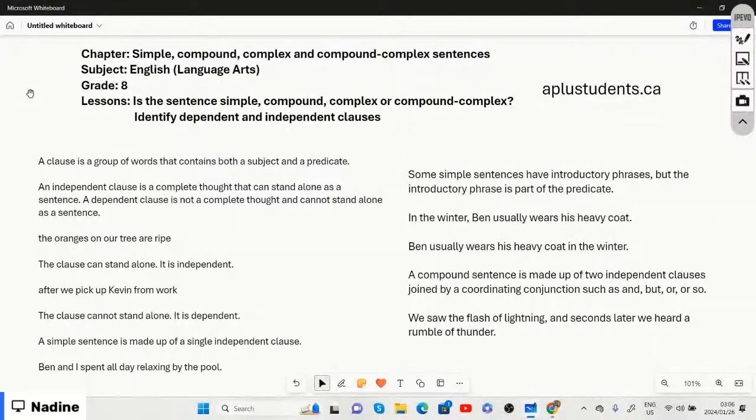All right. So when it comes to clauses, a clause is a group of words that contains both a subject as well as a predicate.